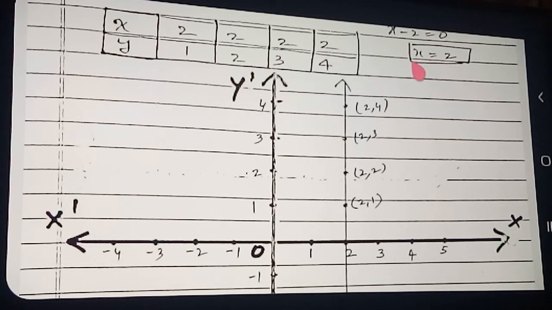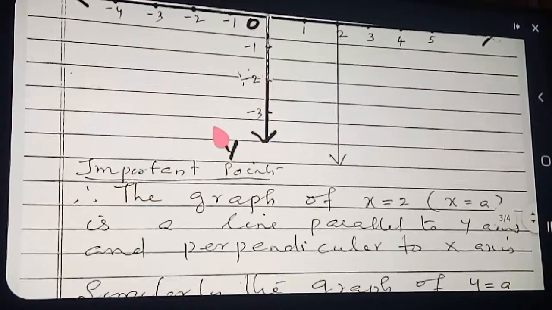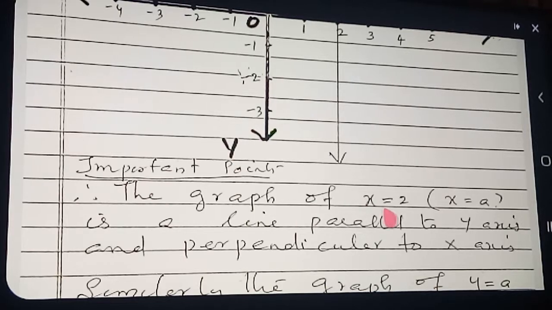Now we are going to make a conclusion. If the y term is absent, as in x is equal to 2, the general way we can write is x is equal to a, or x is equal to c, anything you write. Here a means a constant number.